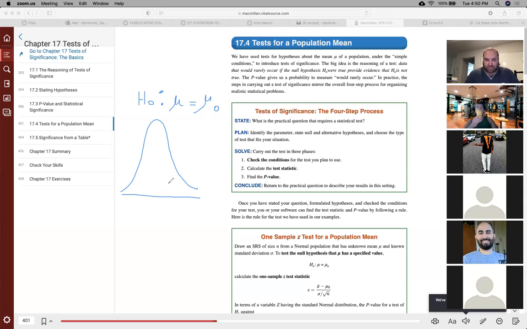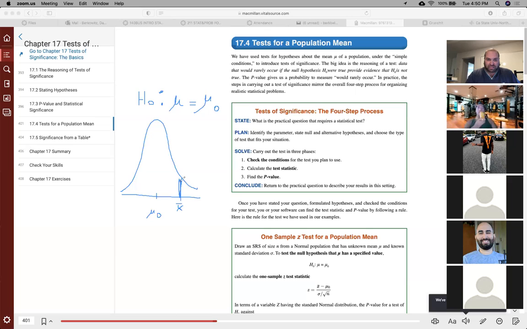So mu naught is the center of our normal curve because we are working under the assumption that the null hypothesis is true. And if the null hypothesis is true, it's right in the middle of our normal curve. Your data, you get an X bar value, and your X bar value is out here somewhere. That's your X bar value.